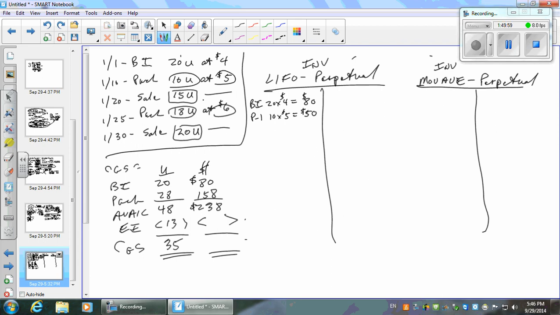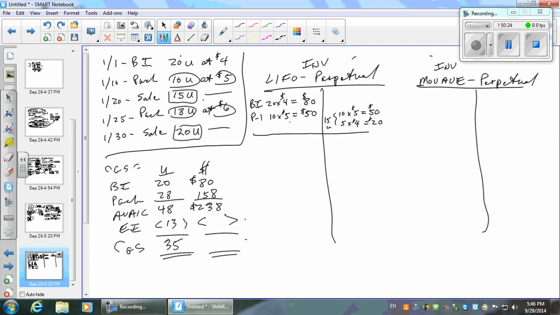So when I do 15, there's going to be 15 units sold, right? It's going to be 10 at 5. Then 5 units at $4 is going to be $20. So it's debit cost of goods 70, right? And credit inventory 70. Okay?